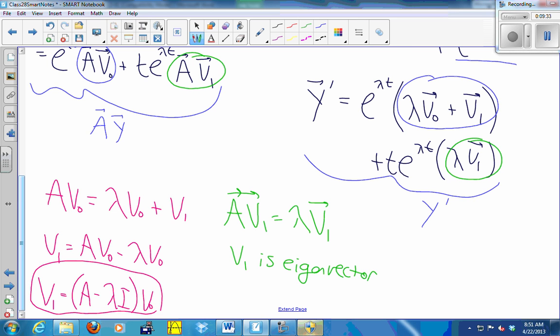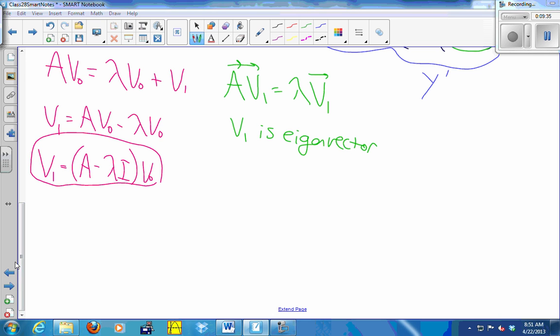I knew someone was going to ask me that. It's just a linear algebra thing. A is a matrix and lambda is a constant. So when you multiply a matrix times a vector, that works. And a constant times a vector, that works, right?